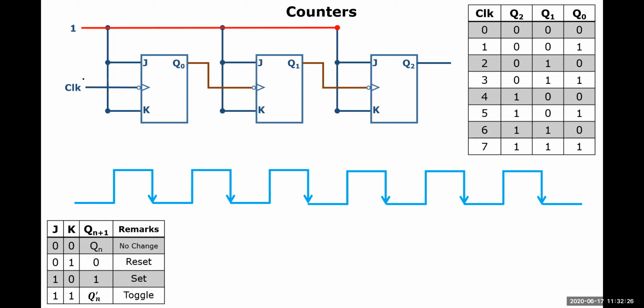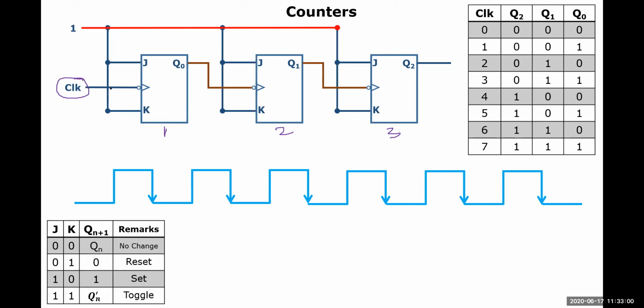However, you can see this one is 1, this one is 2, and this one is 3. So Q0, Q1, Q2. You can see the external clock pulse is given as input to the first flip flop, and whatever output you have from flip flop number 1 is given as input to the second flip flop, and the output of the second flip flop is connected to the third flip flop.